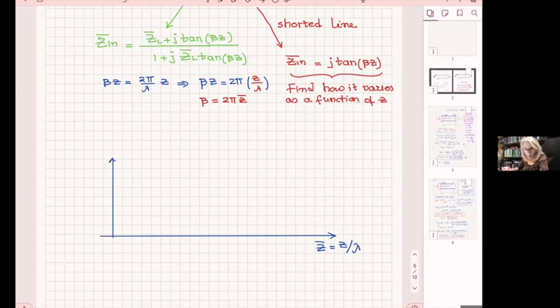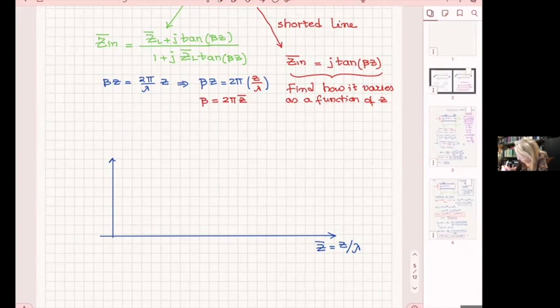Okay, so now let's look at Z as a normalized function of lambda. Of course, it's a cosine, sine, tangent function, so it repeats every 2 pi.